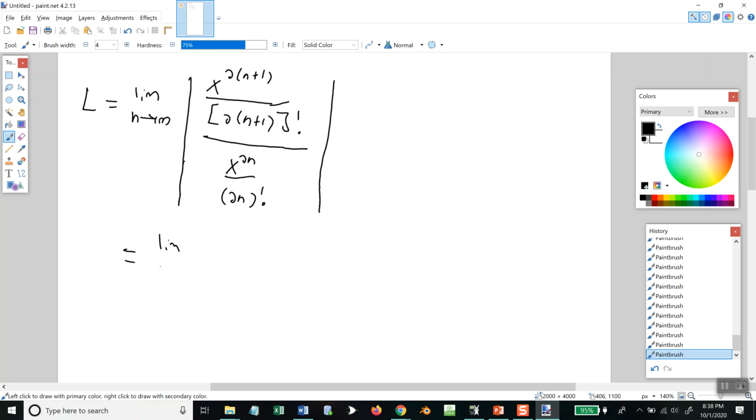So we got limit as n goes to infinity. Top part becomes x to the 2n plus 2, multiply the 2 through, and multiply through here, and I get 2n plus 2 factorial, times, and I flip the bottom part, that's 2n factorial over x to the 2n.